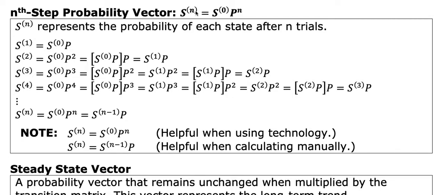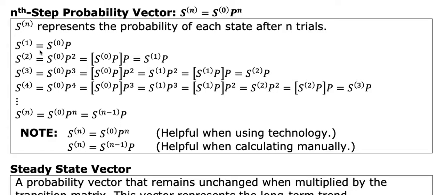So at any step in the process, meaning how many times we've gone through that transition matrix, we have our initial probability vector times P to the power n. And if you've done matrix multiplication, you'll realize that matrix multiplication can be very time consuming. So this S at n represents the probability of each state after n trials.